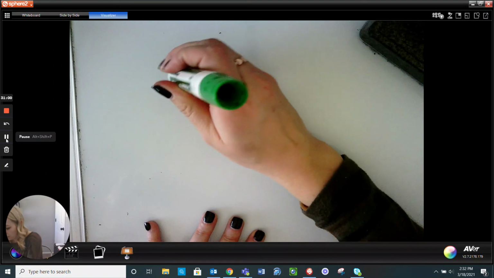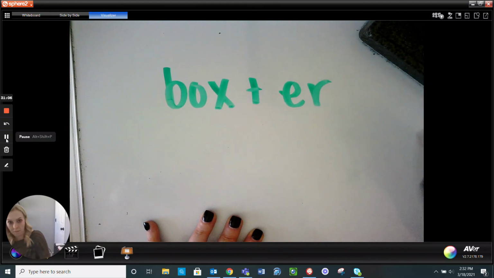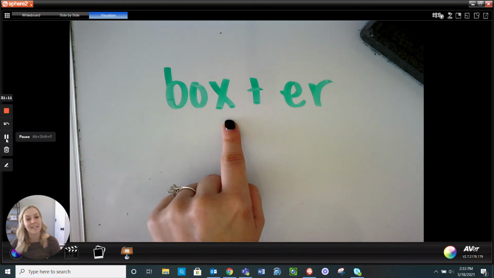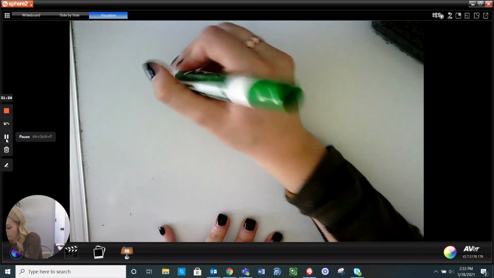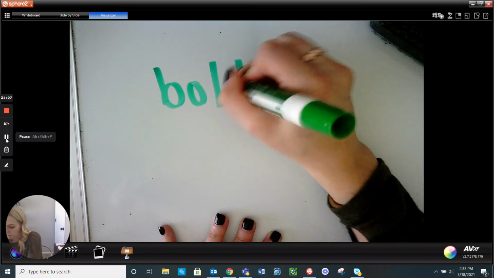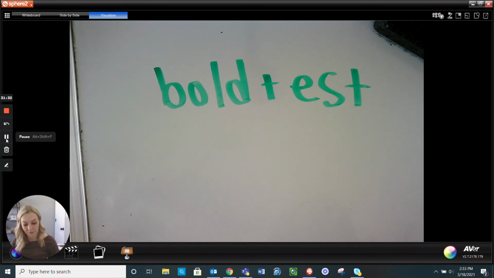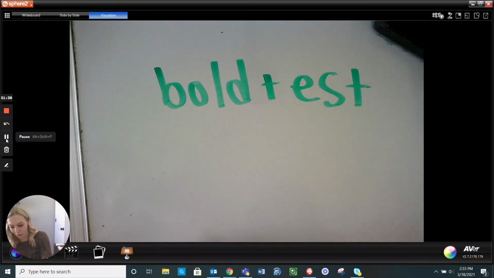What about this one? No. X is a two-consonant sound, so we would not double that one. What about this next one? Yes or no? No, because bold does not end in one consonant, it ends in two.